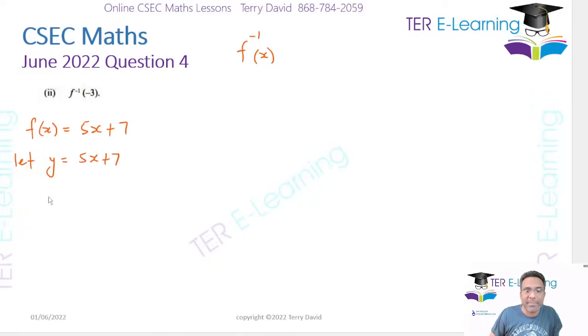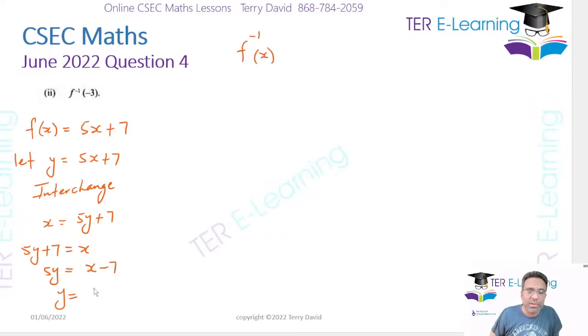The next step is to interchange. So you're going to get x is equal to 5y plus 7. So therefore 5y plus 7 is equal to x. So 5y is equal to x minus 7, and y is equal to x minus 7 divided by 5.